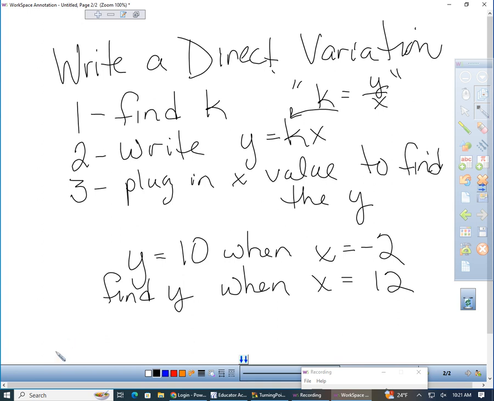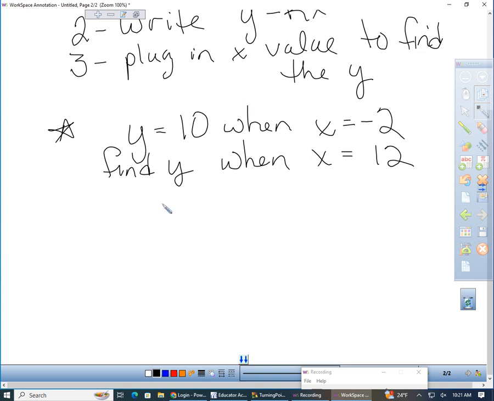So the very first thing you have to do is find k. That's going to use this first line we have going on here, right? To find k, we take y, which is 10, and divide by x, which is negative 2. So k equals what? Negative 5. That's step 1.